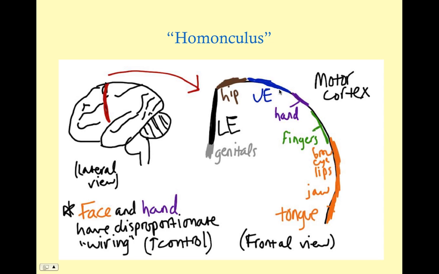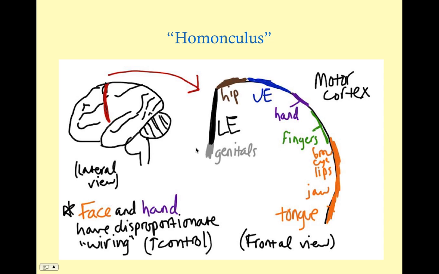So your upper extremities and hands and fingers and your face take up over 2/3 of the cortex. That's a lot. And that makes sense because your face and hand, you need to have more control over those parts of the body for manipulating objects and so forth, for speaking. Your hip, lower extremity, and genitals get the rest of it.